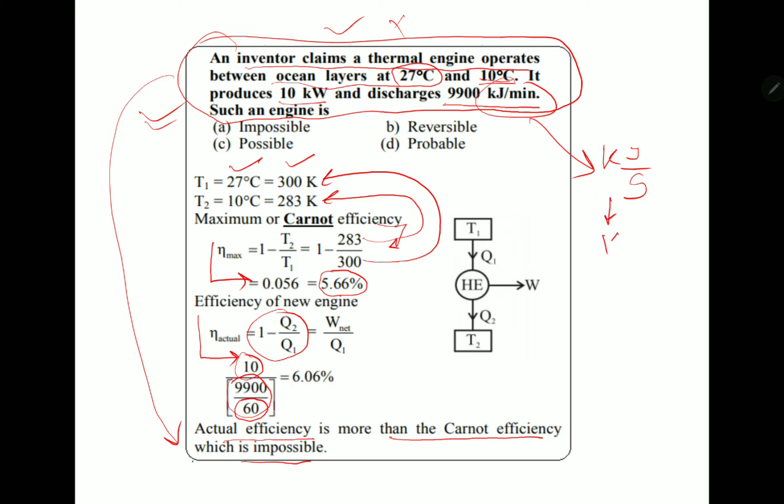This converts into kilowatt and our answer is 6.06. Well, actual efficiency is more than Carnot cycle efficiency, which is impossible. So the claim of the inventor is wrong, and the right answer is option A.